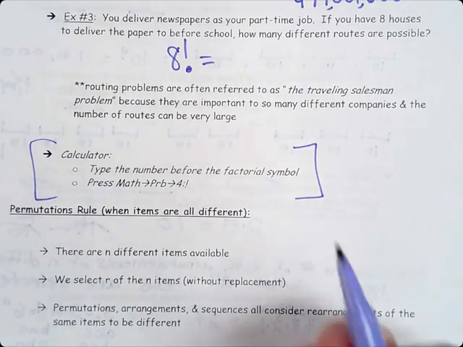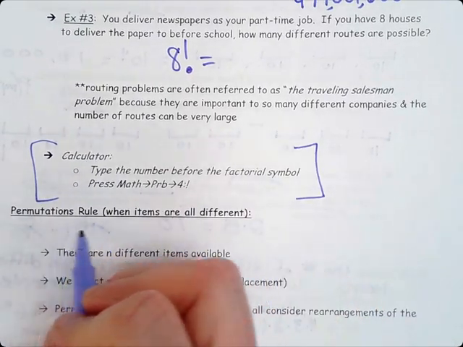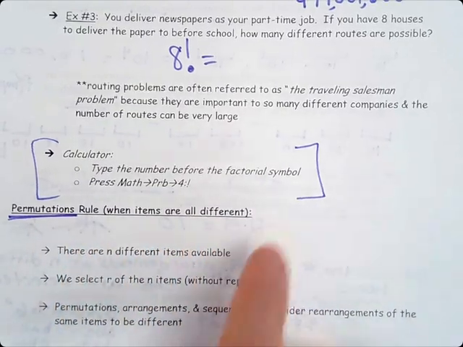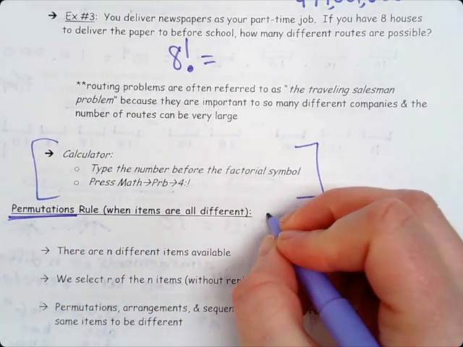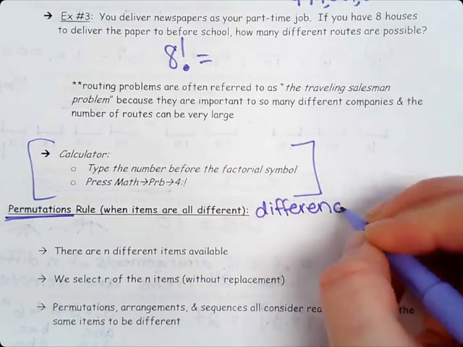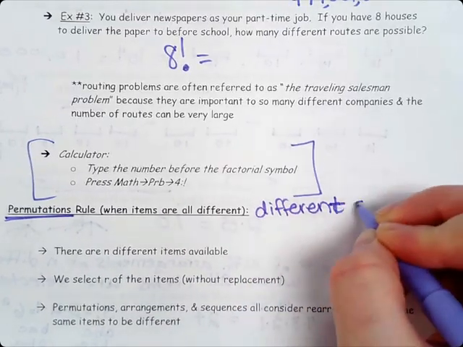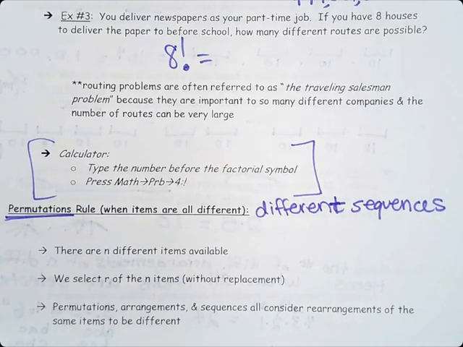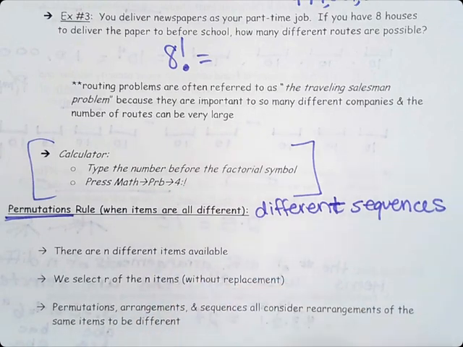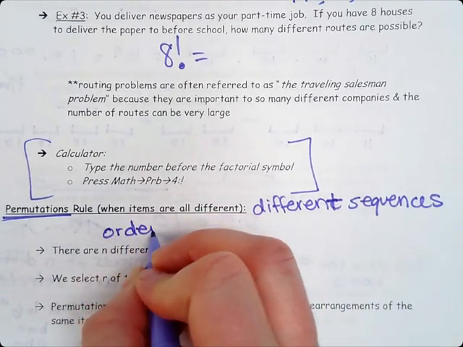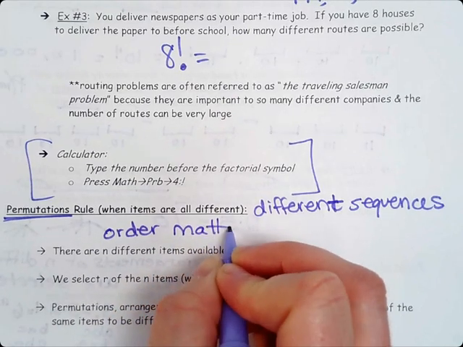All right, permutations rule. So permutation is when items are all different and you're finding the different sequences. And since the items are all different, the order matters.